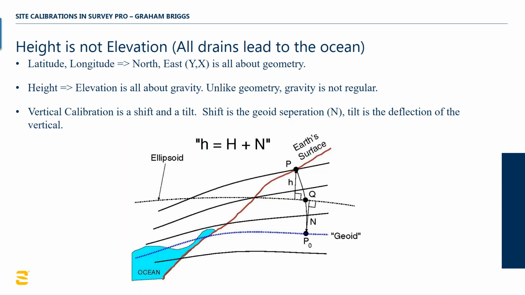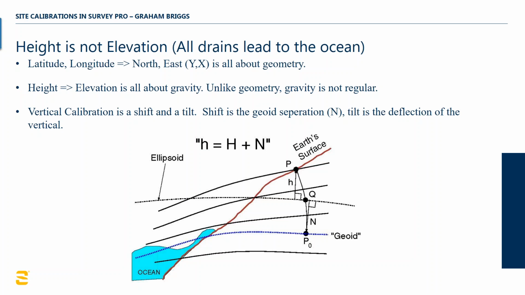And unlike geometry, gravity is not regular. If you look at the picture down there with the ocean, that little dashed line represents the so-called ellipsoid. That's the regular geometric surface that GPS is measuring in. And the blue line represents the so-called geoid, which is a theoretical approximation of so-called mean sea level.